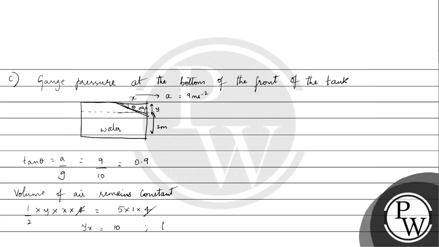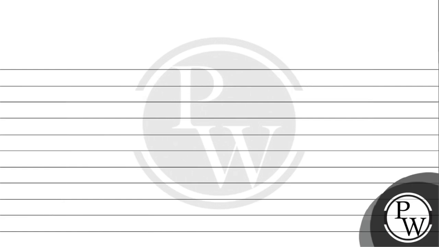We also have tan theta from this picture here to be equal to y by x, which is equal to 0.9. So now we can calculate the values of x and y and then see what the gauge pressure will be. So we have y by x is equal to 0.9, which gives us y is equal to x into 0.9. तो इसको substitute करेंगे in this equation, x into 0.9 into x is equal to 10.